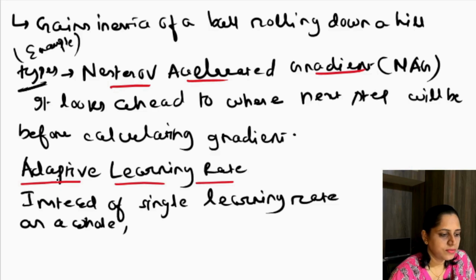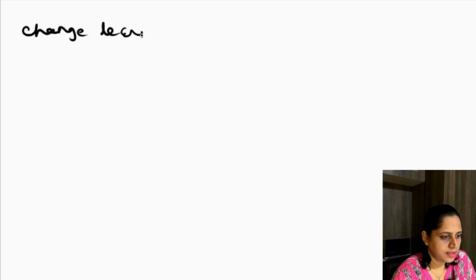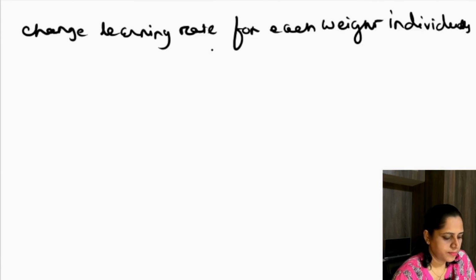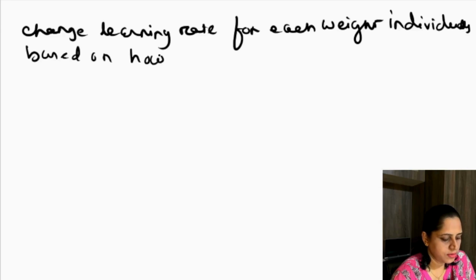And what is happening with these adaptive learning rate methods is that they change the learning rate for each weight individually, based on how frequently it is updated.